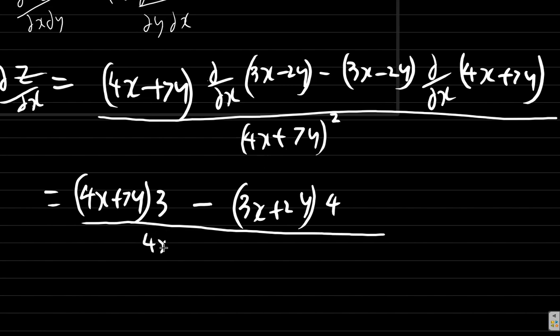Let's just keep it as it is for now. And then what happens after this? We multiply inside the bracket by what we have outside.